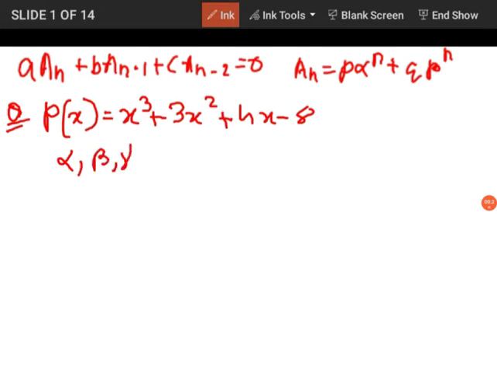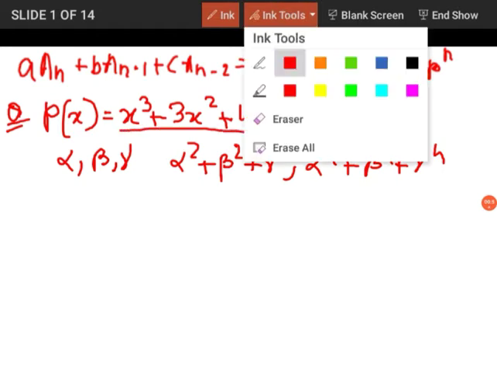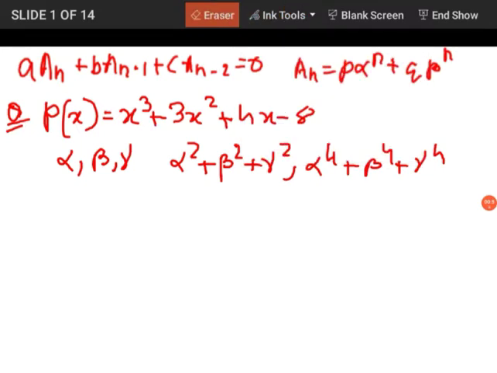Then you are asked to find alpha square plus beta square plus gamma square, and alpha raised to the power 4 plus beta raised to the power 4 plus gamma raised to the power 4. Now as I told you, Newton's sum is not limited to a quadratic equation. Here you can see that we have given you a question with a cubic equation, and here you will apply Newton's sum.